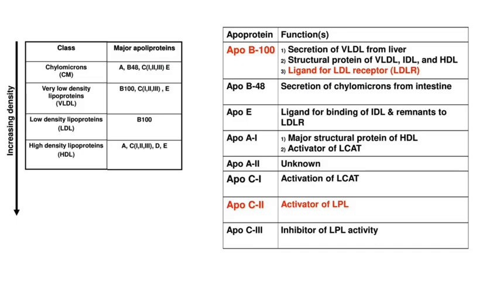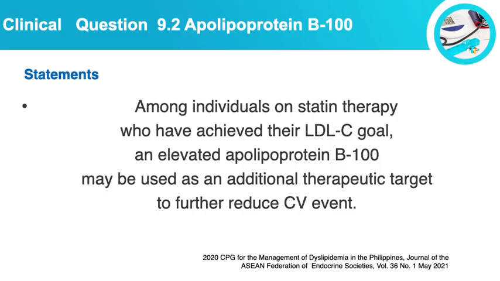Recall in the previous slide that ApoB100 is a major lipoprotein for chylomicrons and very low density lipoproteins as well as low density lipoprotein, which functions for the secretion of VLDL from liver, a structural protein of VLDL, IDL, and LDL, and also as a ligand for LDL receptor. So among individuals on statin therapy who have achieved LDL-C goal, an elevated apolipoprotein B100 may be used as an additional therapeutic target to further reduce cardiovascular events.